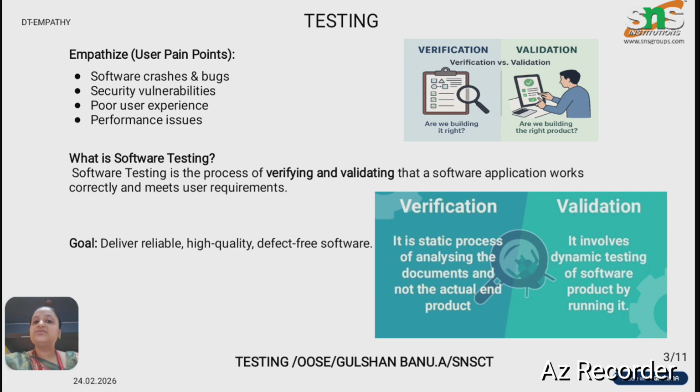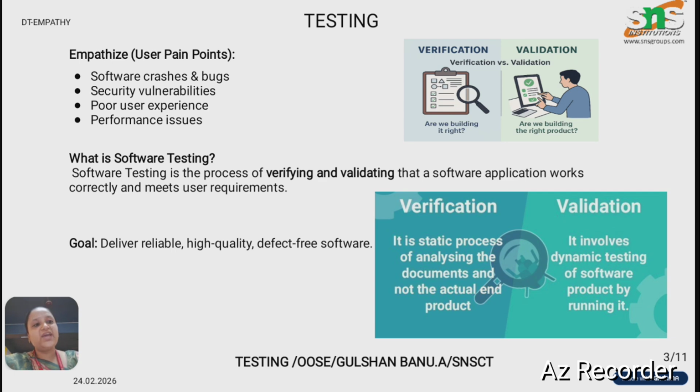So what is this verification and validation? Verification is nothing but checking whether the product that we have created is correct or not, or whether the documentation or the analysis of a process is done in the proper way or not. Validation is nothing but evaluating whether the process we have built is the right product.